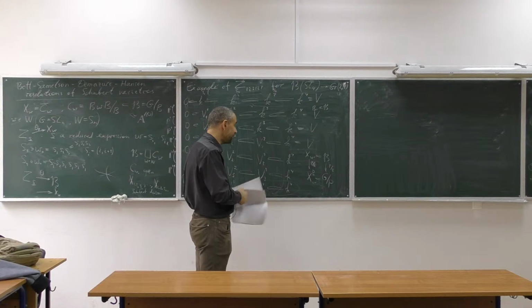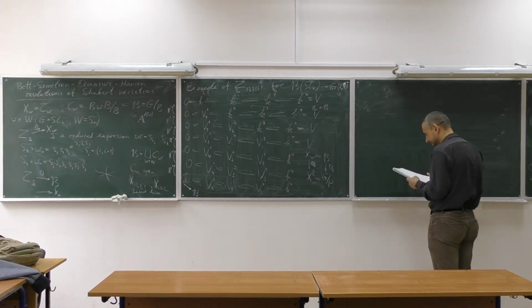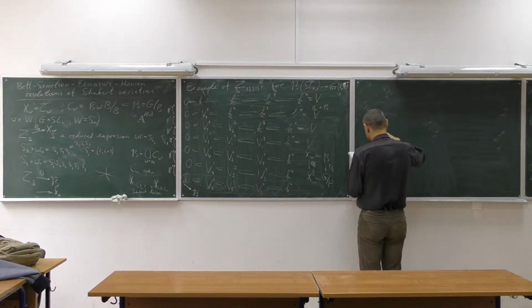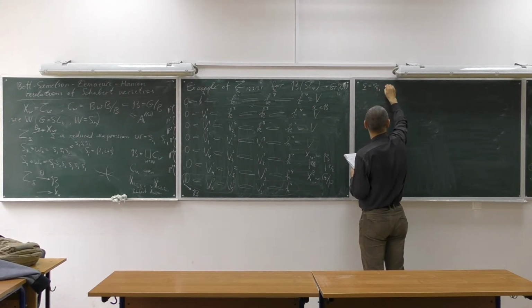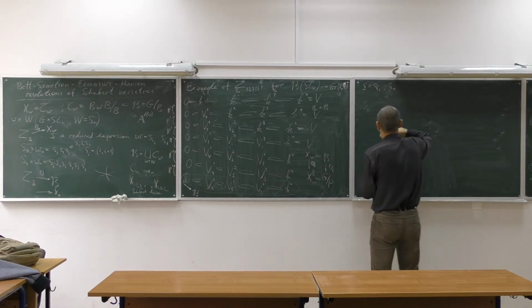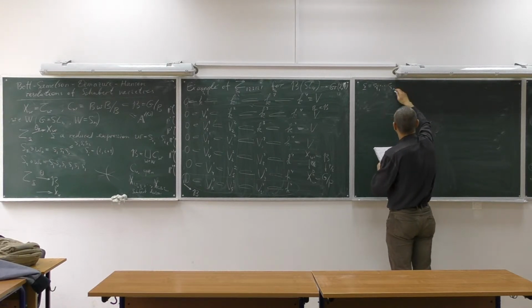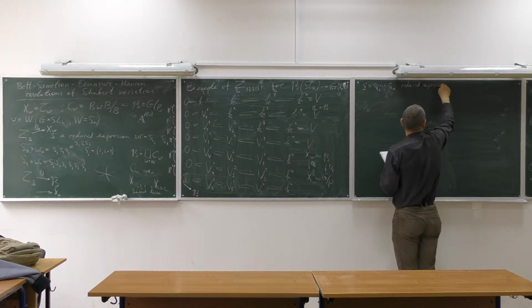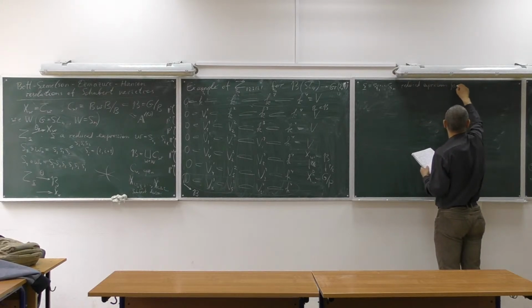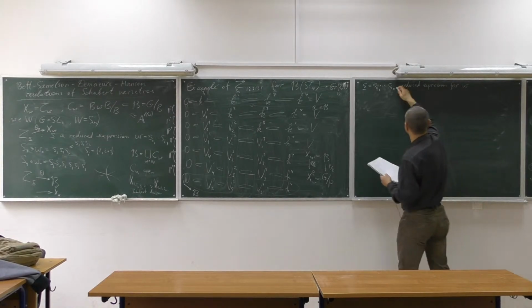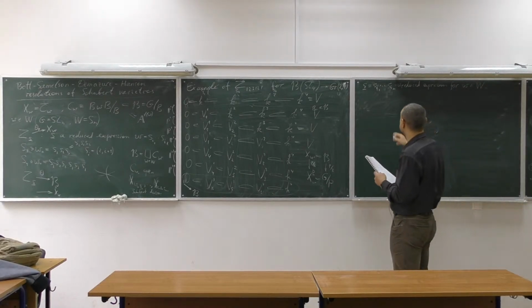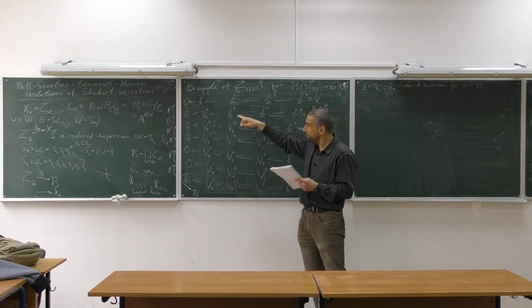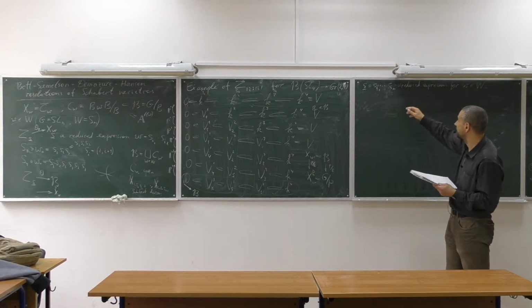So let me now give some general combinatorics. Given a sequence S underline, S_i1 and so on, S_in, let me assume that it's a reduced expression for W. So I mean, this product is W. But in fact, for the construction of the Bott-Samelson variety, it's not necessary to assume that it's a reduced expression.